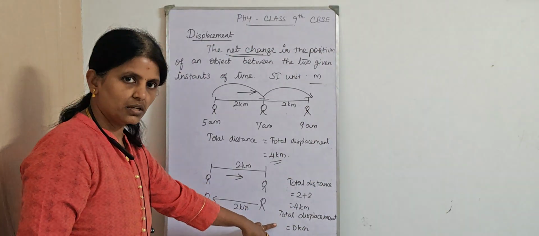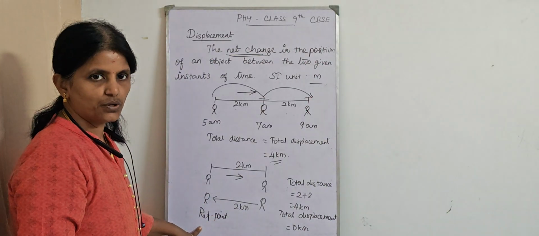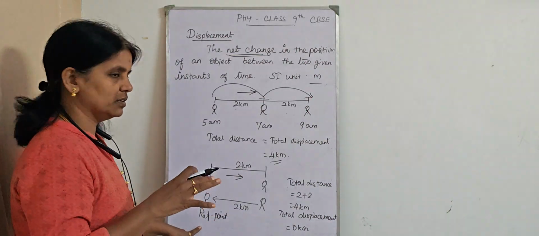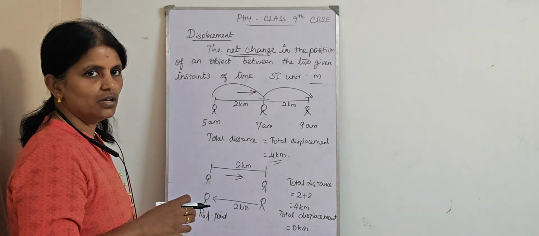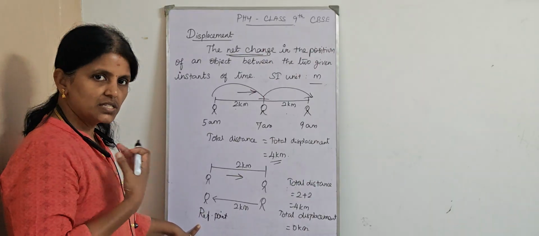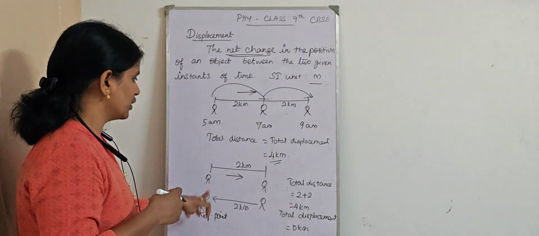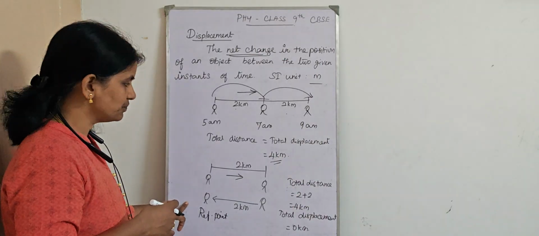But we have to be very careful about what is displacement. I am coming back to the reference point, which means at the end, between 5 am to 9 am, I am standing on the same position, the same place. I have reached the reference point again. 2 km forward motion, 2 km backward motion.